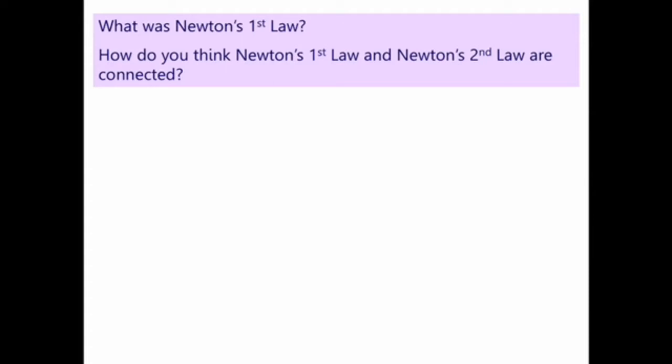You need a resultant force to change a velocity. So Newton's first law and Newton's second law are connected, because if you need a force to change the velocity, that's Newton's first law, and Newton's second law is telling you how the velocity will change. So Newton's second law is kind of building on top of Newton's first law.